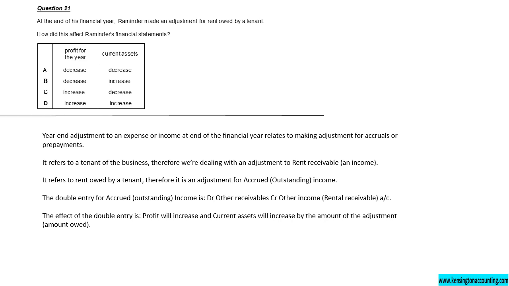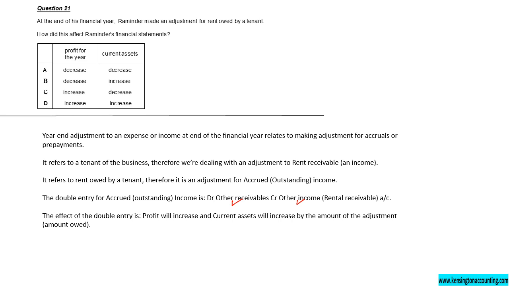And the double entry for outstanding or accrued income is debit other receivables, because this is money owed by the tenant to the business. And we need to increase rental income because there's accrued income. Not all of the rental income was paid to the business. Therefore, we need to increase the rental income or rent receivable account.